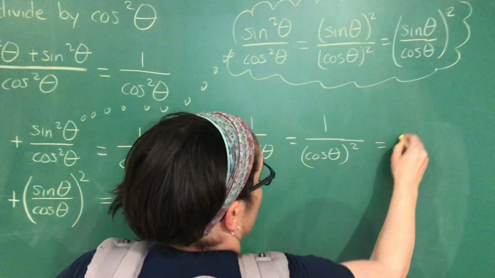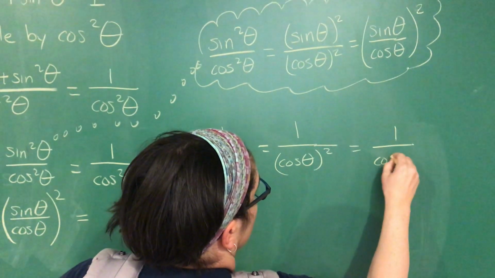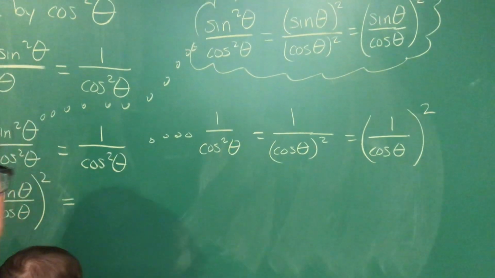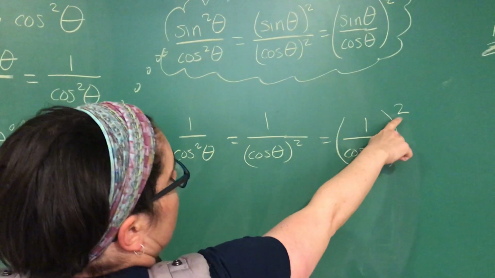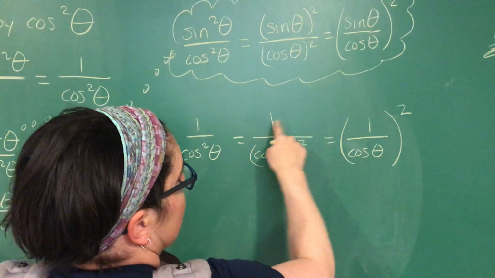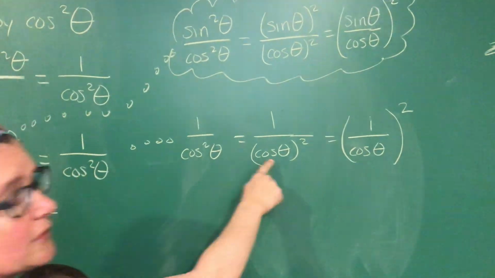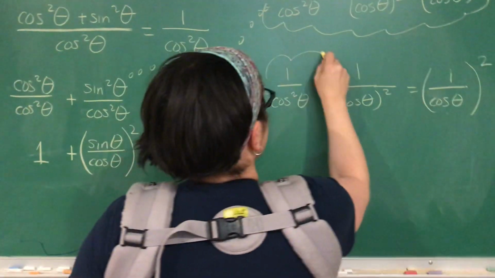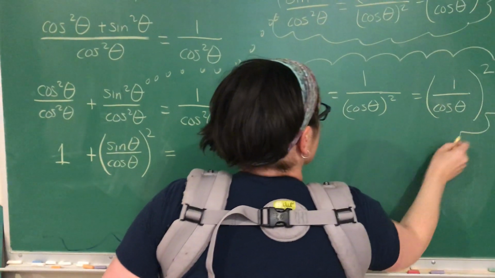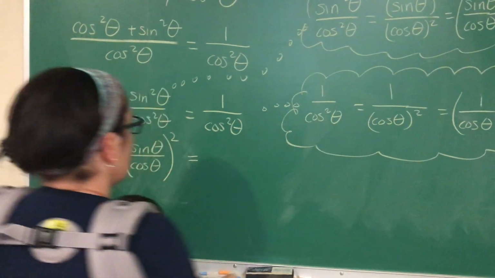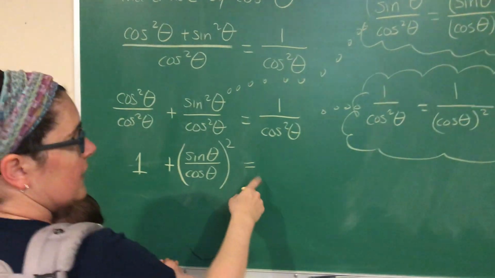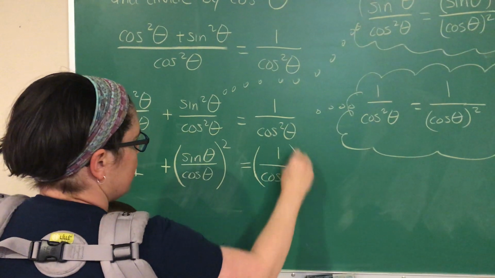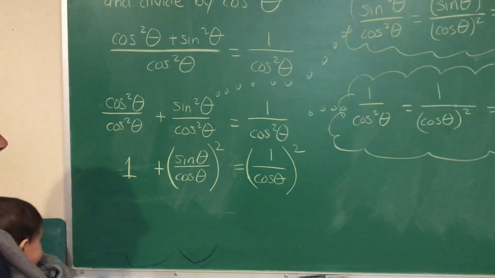And by the way, that's the same as 1 over cosine of theta, the whole thing squared. You should check that if you square the top, you get 1. And if you square the bottom, you get cosine of theta, the whole thing squared. Okay. So back over here on the right-hand side, we have 1 over cosine of theta squared.